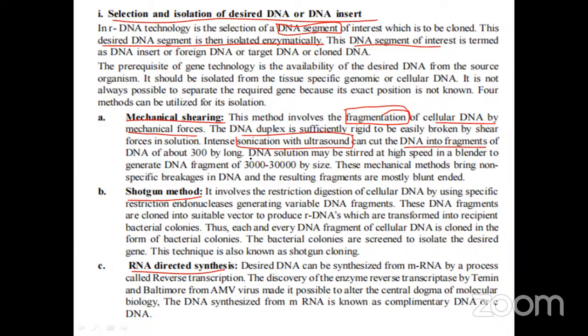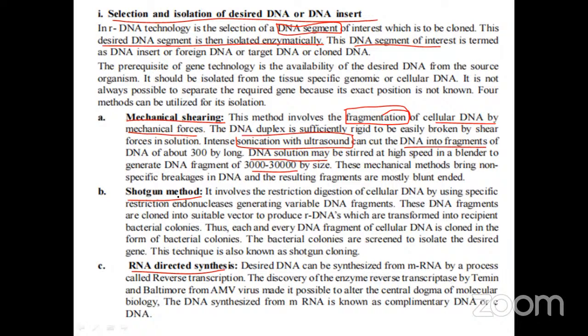Later, after breaking into pieces, centrifugation with a high RPM value, mainly 3000 to 30,000, separates the DNA. So we can isolate it with the help of mechanical shearing, mechanical force in the form of sonication with ultrasound. That is one method.